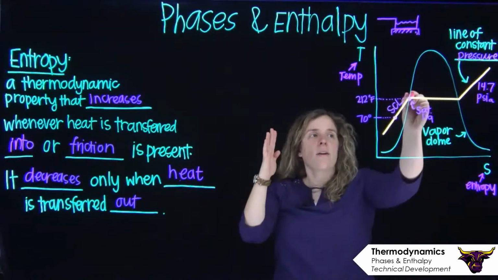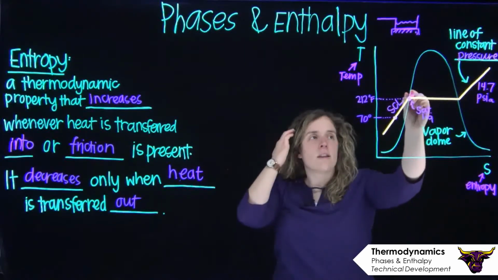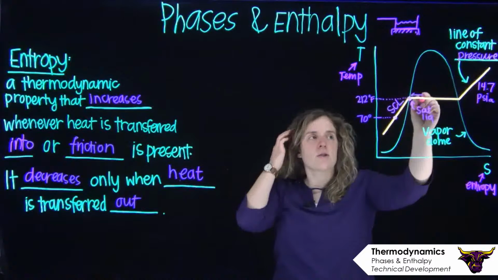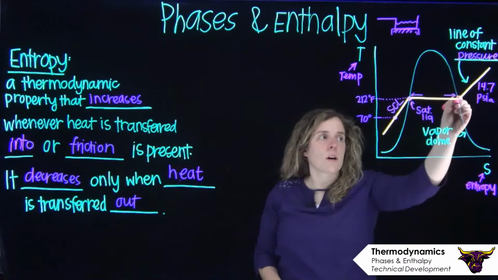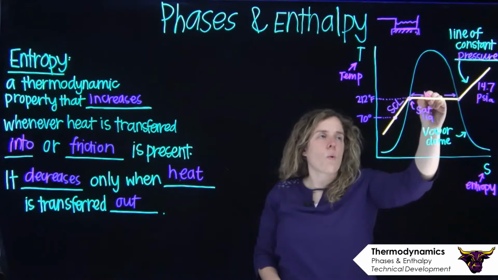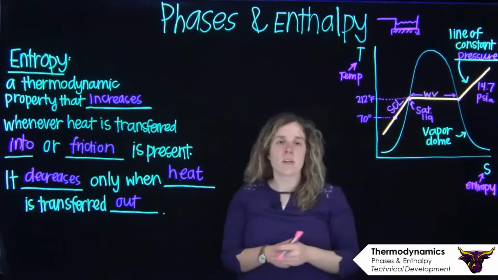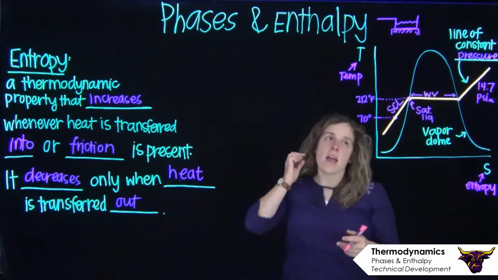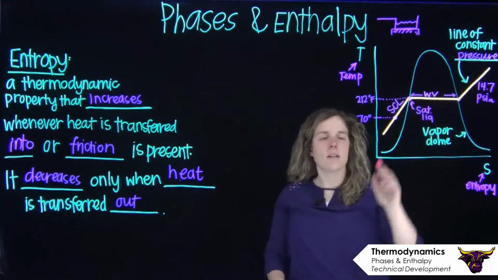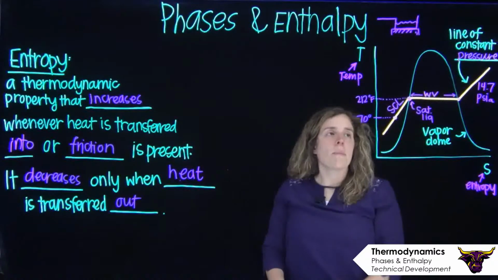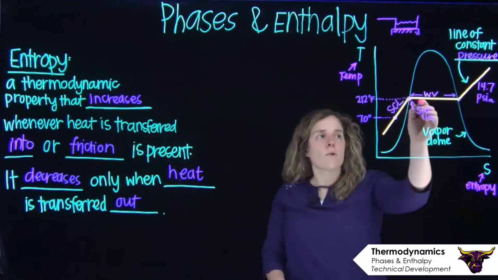But as we travel across from the saturated liquid point over to this other point, which we'll talk about, we're going to call this a wet vapor. And if you notice, the temperature isn't increasing in this part of the vapor dome because we're just getting more and more vapor.